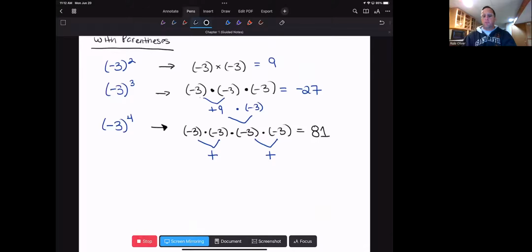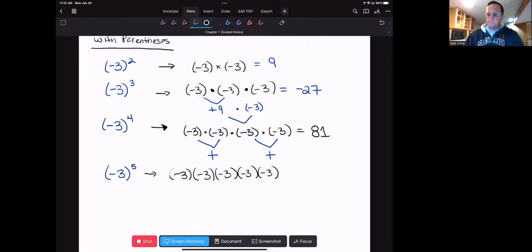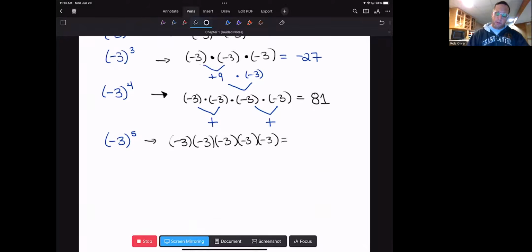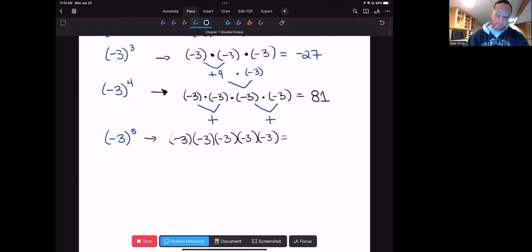Let me do one more for good luck: (-3) to the fifth power. That means -3 times -3 times -3, 5 times over. With this one, we have 5 negatives.